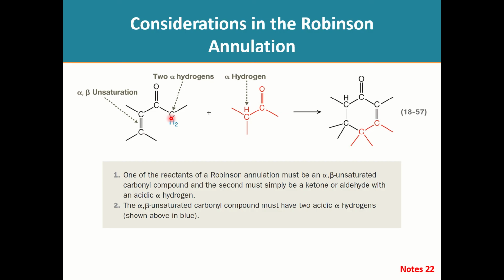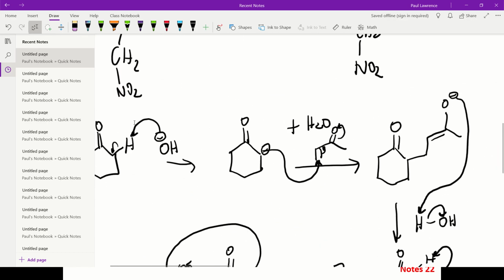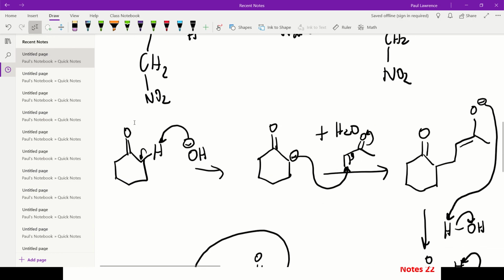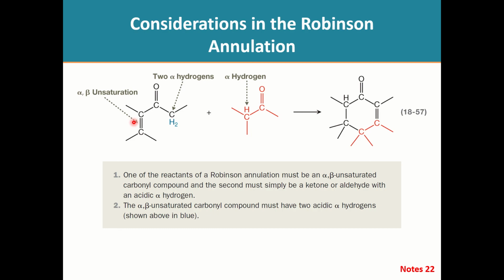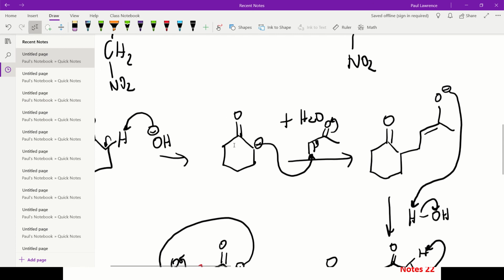So I would highly suggest that you go back to the mechanism right here and ask yourself, why does the alpha beta unsaturated carbonyl compound need two hydrogens? We have to identify it in our mechanism, and there it is right here.